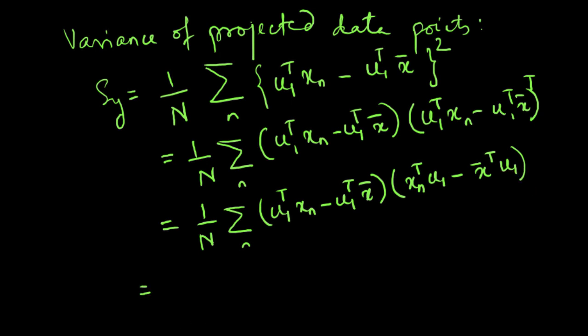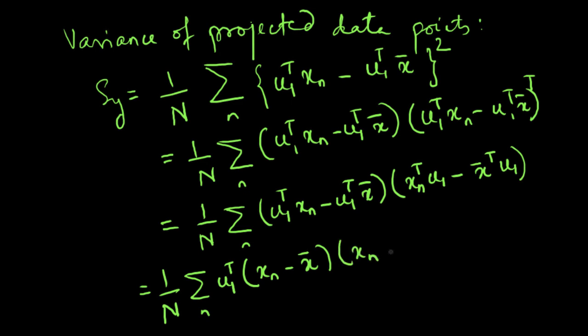So then this becomes 1 by capital N summation over small n u1 transpose into xn minus x bar into xn minus x bar transpose into u1.